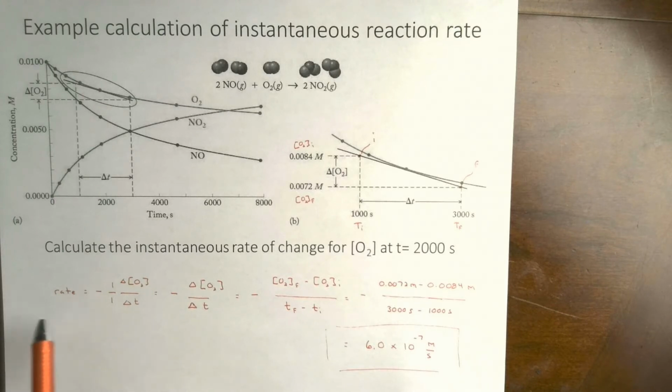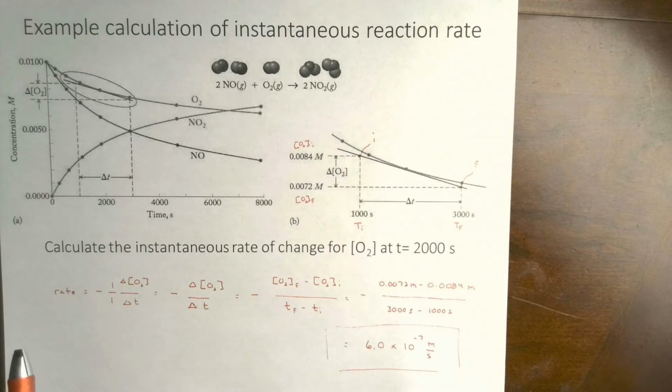When we go through and write those expressions for reaction rate, if something's disappearing, we put a negative in front of it to make it positive. So when we write these expressions for reaction rate based on each of the individual species, and we're going to go through and do that in a second, we're defining them all to have a positive sign in front of them.